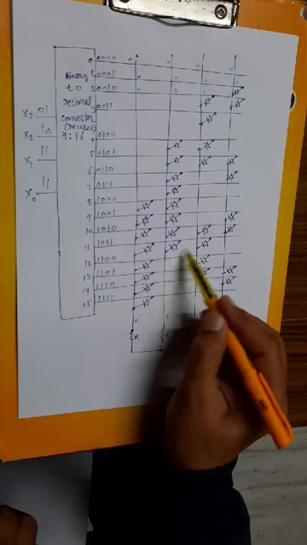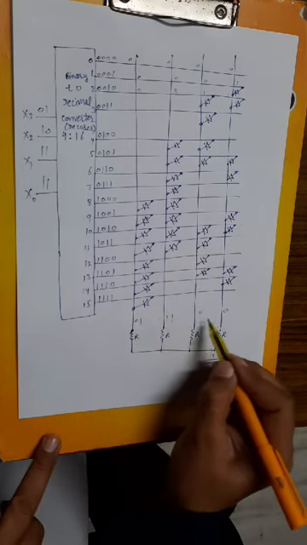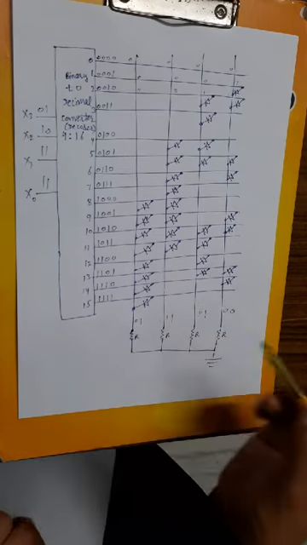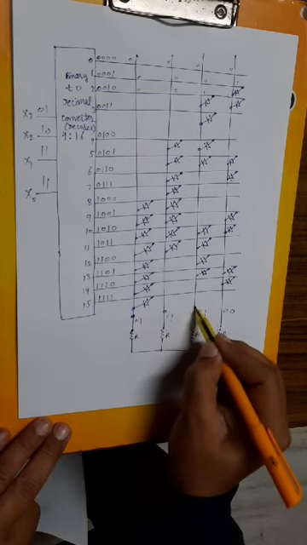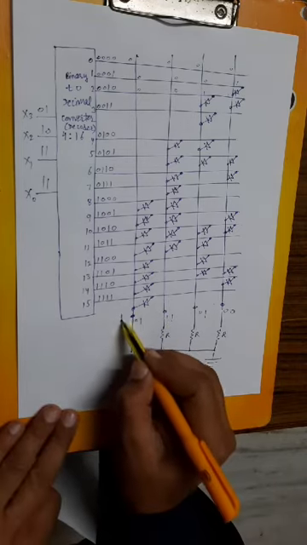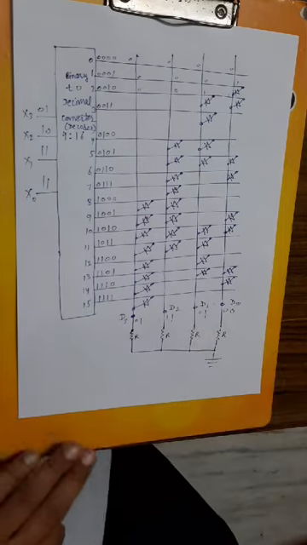So what will be the output? 1 1 1 0 on the 11th side. This is the gray code combination. It is the right circuit, and we measure the output on these nodes, which are named as gray code bits D3, D2, D1 and D0.